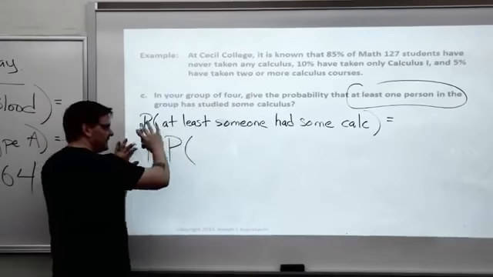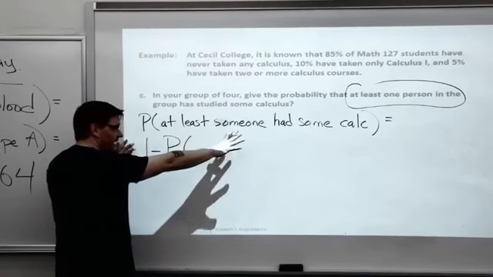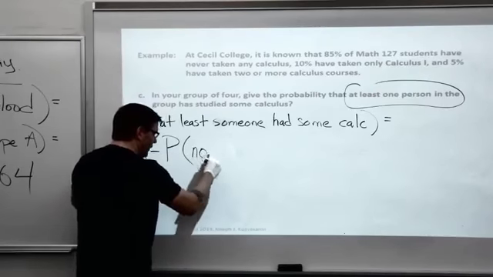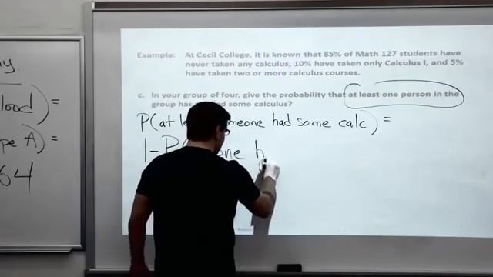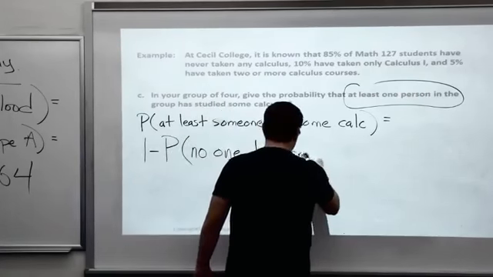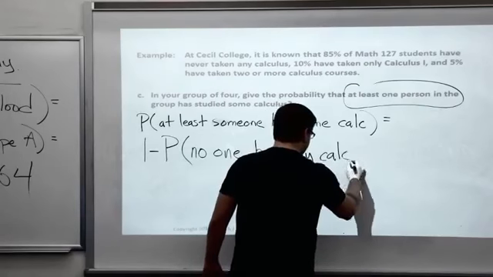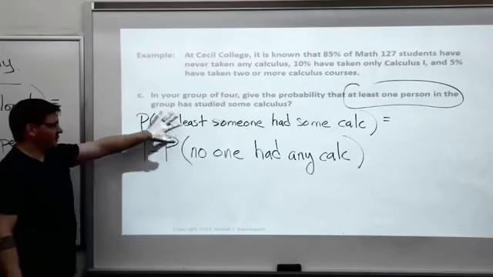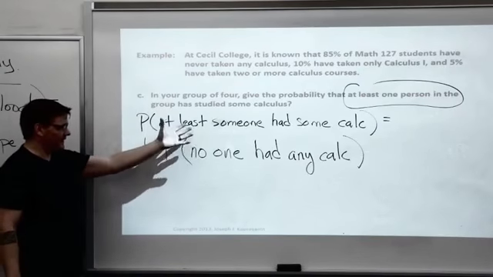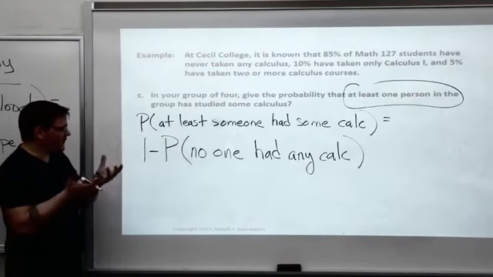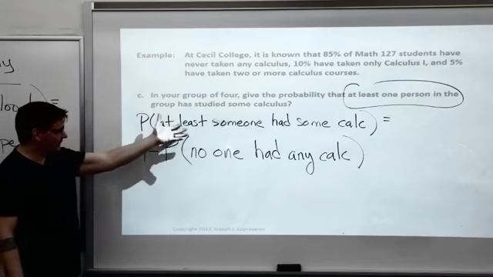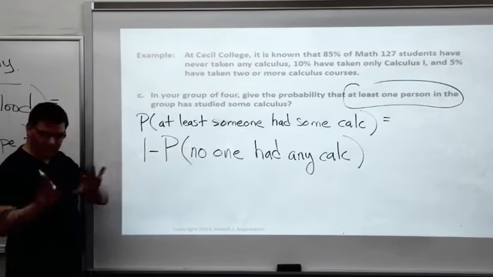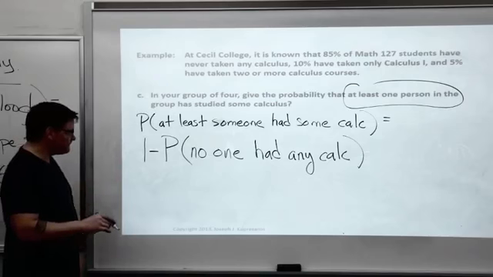The complement of at least someone having some calculus is that no one had any calc. These are tricky for students, but make sure that you understand that these are the opposites or the complements. At least someone having some calc is the complement of no one ever having any calc.